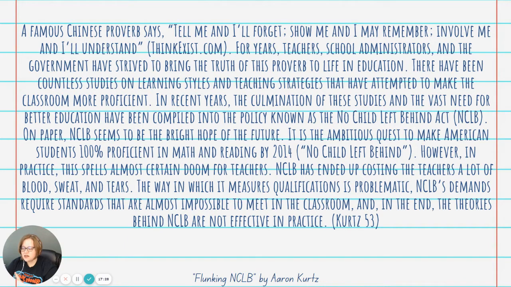So this thesis lays out the essay. I will go to the first body paragraph and I will see how it measures qualifications being problematic. After that discussion is done, I will go down and I will see that the standards are impossible to meet. And after that, I will see that the theories are not effective. He set everything up in this paragraph for us.